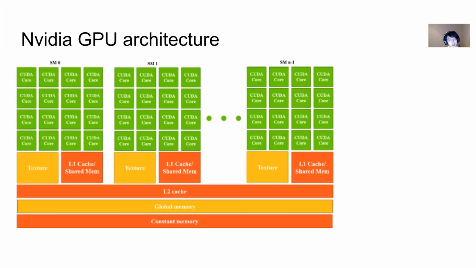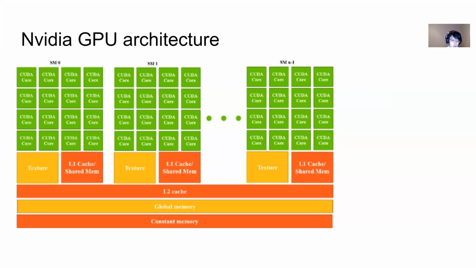Here is the NVIDIA GPU architecture. It has many CUDA cores, L1 cache and shared memory, L2 cache and global memory, and constant memory. It is like the architecture of the CPU, but there are some differences.